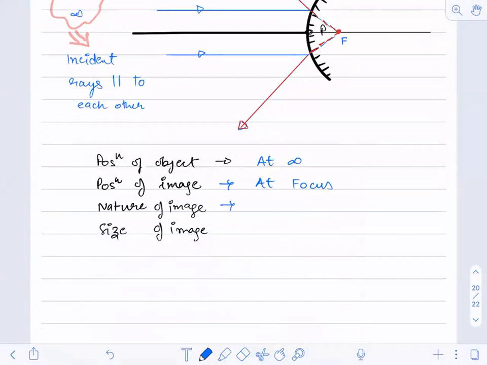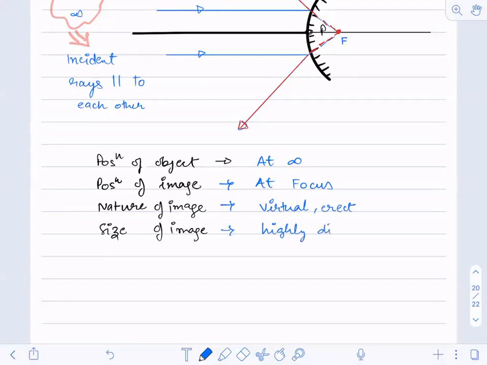Okay, nature of image, is it real, virtual, what is it? It is virtual, and it will be erect. Size: highly diminished.